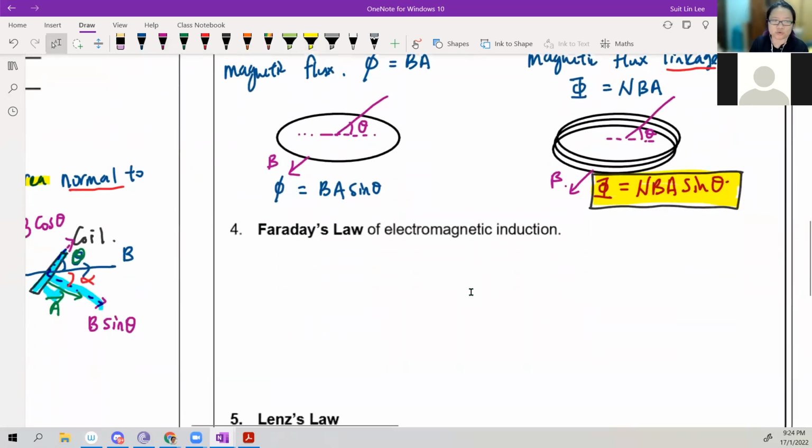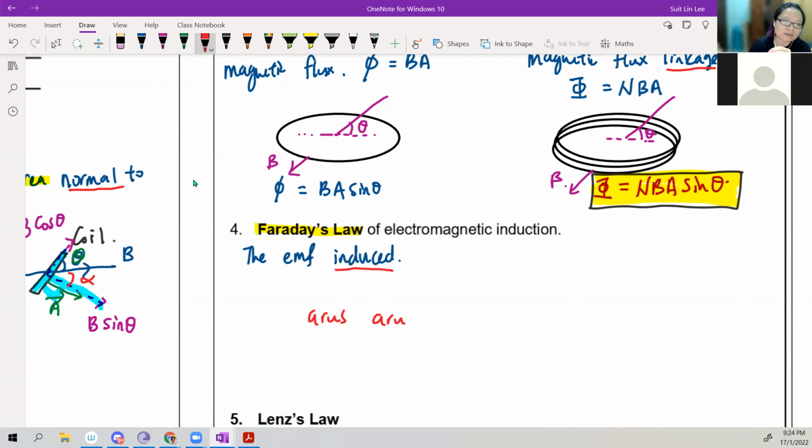So this brings us to Faraday's law of electromagnetic induction. Faraday's law says that the EMF induced. So I want to pause for a while and remind you what we mean in science when we talk about the term induce. Induce is like terpengaruh, because this in Malay is called arus aruhan.